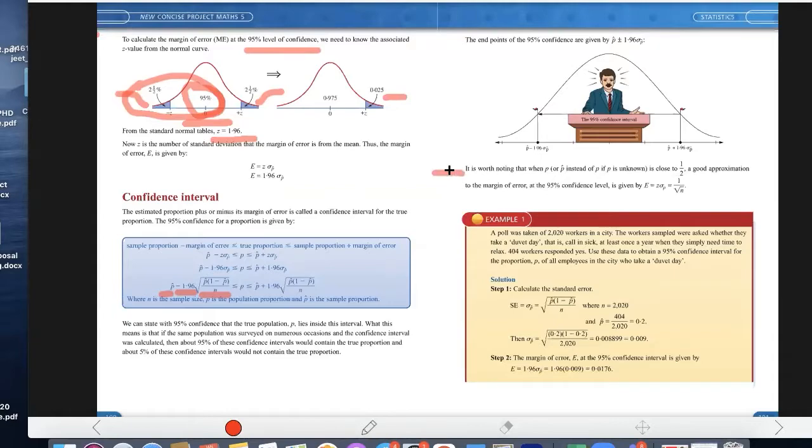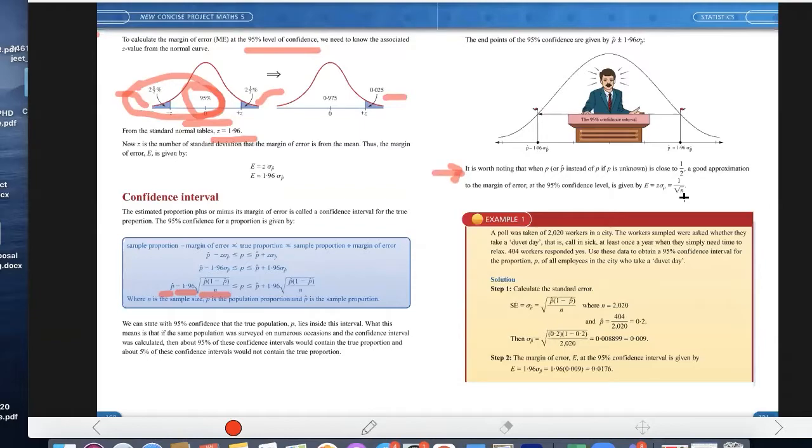And I just want to draw your attention to this little note here. It is worth noting that when p, or p hat if p is unknown, is close to a half, a good approximation to the margin of error at the 95% confidence interval is 1 over root n. So when p is a half, sigma p is very close to 1 over root n.